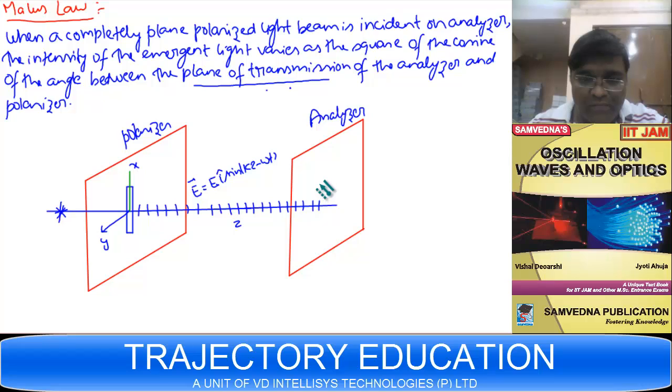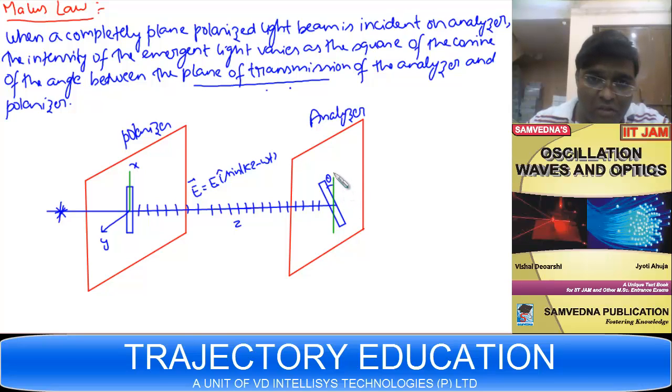Now this is your analyzer, and its path axis is going to be like this. It makes an angle of theta with the path axis of the polarizer.